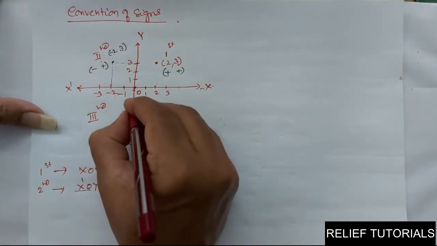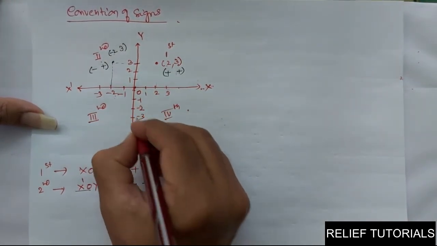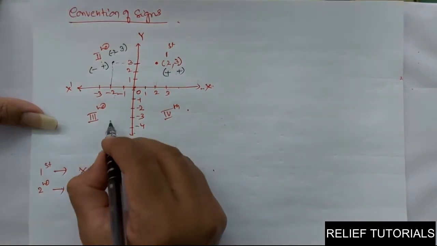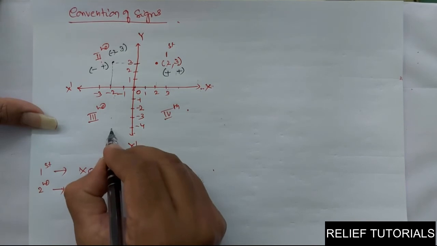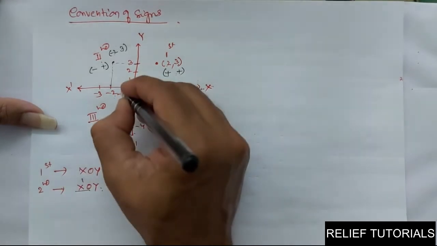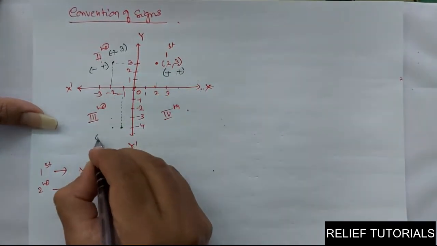Here we will write minus 1, minus 2, minus 3, minus 4. You want this point, come on. For this point, first you draw where on the x-axis it is, minus 1.